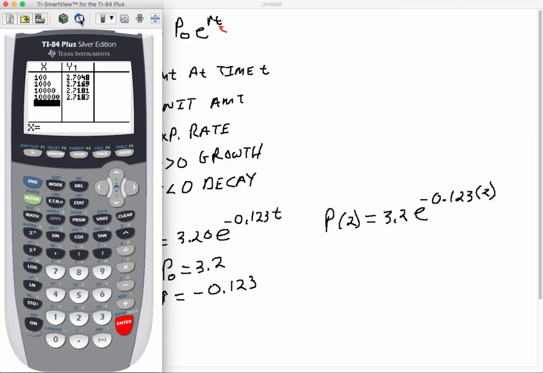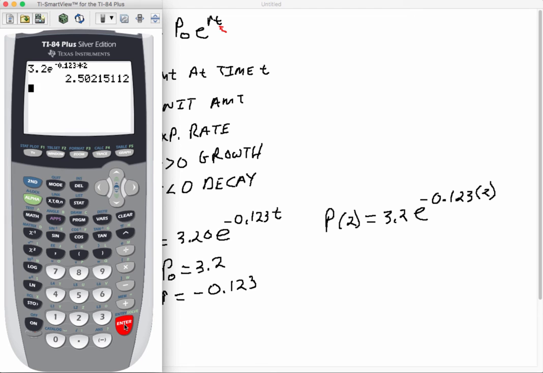Let's see how to do that on our calculator. Let me shrink the screen up here so we can do two things at once. That's 3.2, and look right here, we see ln. The second function above ln is e to the x. So you hit second and then ln, and you get e to the x, and then negative 0.123 times 2.